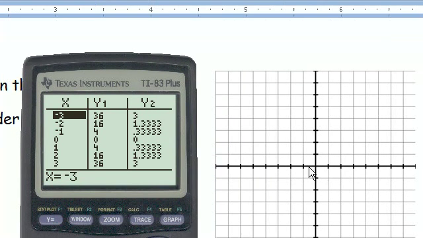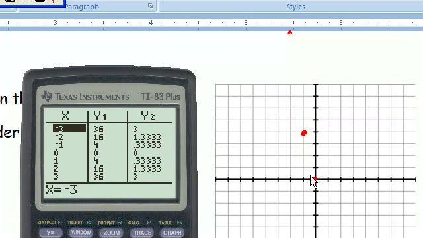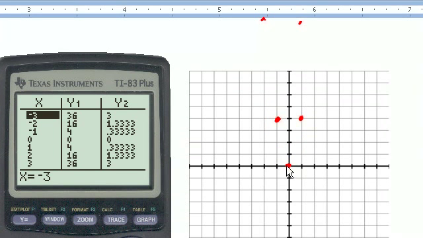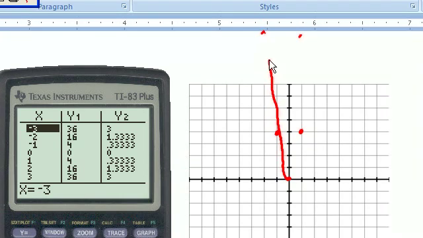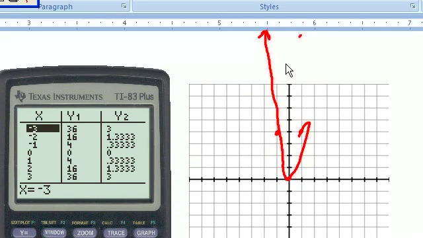So 4x squared will go, okay, so there's 0, our vertex, over 1, 2, and 16 is all the way up here somewhere. So here is our parabola taking off towards the sky. Oops, gee whiz.